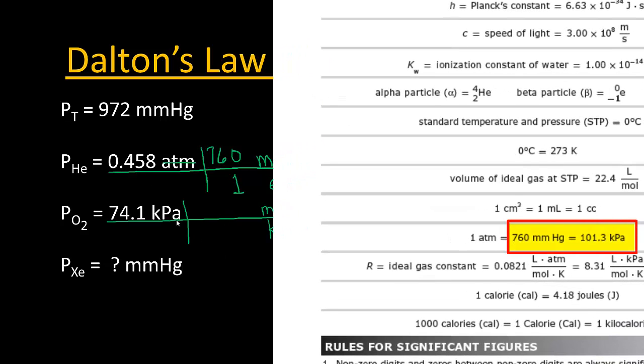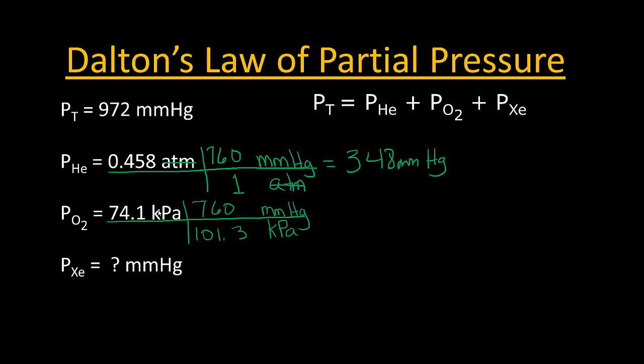And I notice that there are 760 millimeters of mercury for every 101.3 kilopascals. Now I'm going to cancel my units. I have a kilopascal on top and a kilopascal on the bottom, so they go away, and I'm left with millimeters of mercury, which is what I want. 74.1 times 760 divided by 101.3 equals 556 millimeters of mercury.